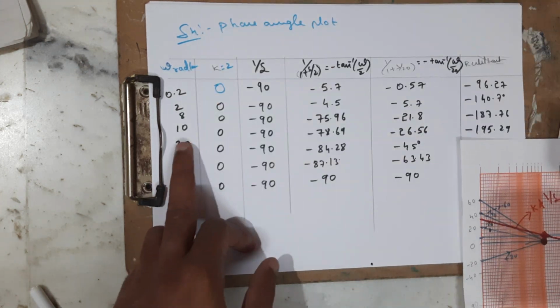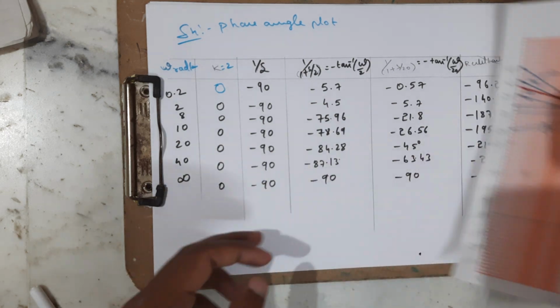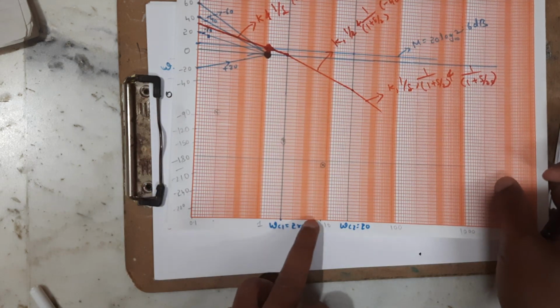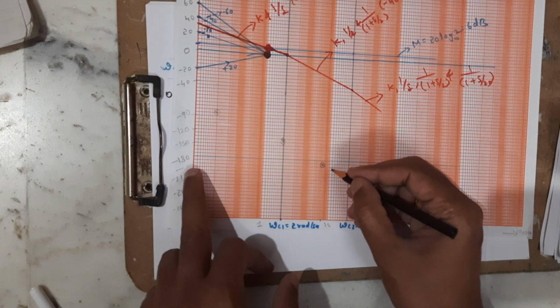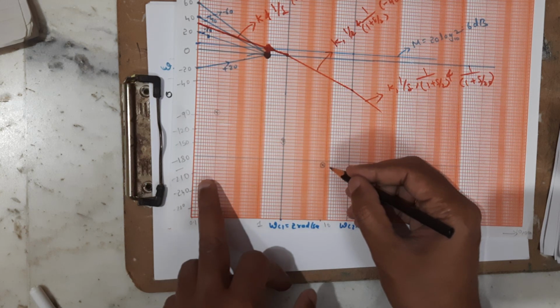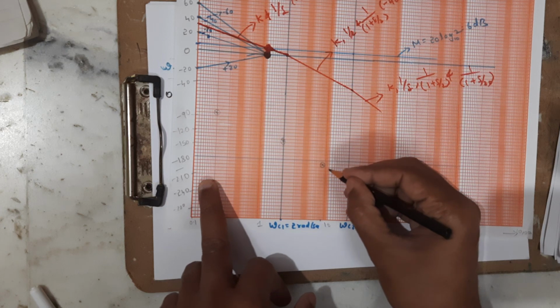Next, when it is 10, it is minus 195, so somewhere here.